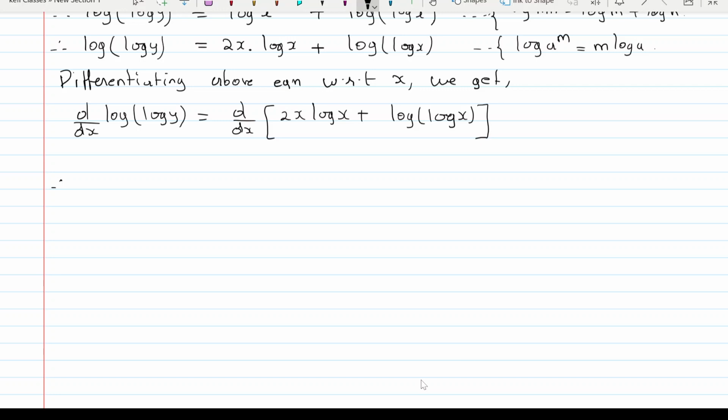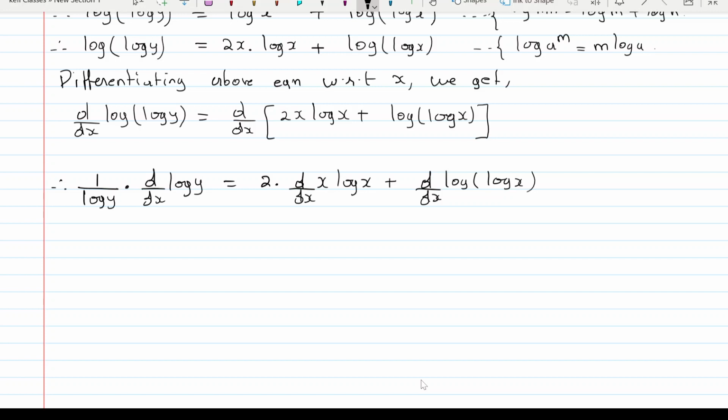So therefore now, derivative of log of f of x is what? 1 upon f of x into d by dx of f of x. So here this will be 1 upon log y into d by dx of log y. Okay? Which is equal to 2 into d by dx of x log x plus d by dx of log x.